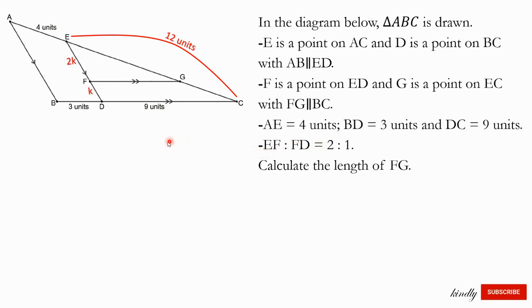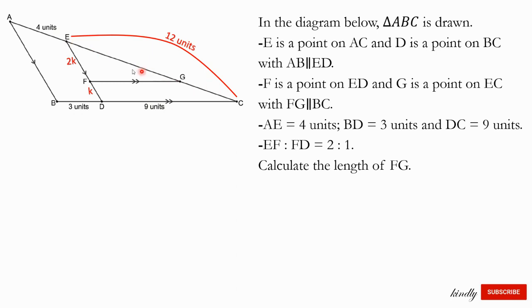So we can find the length of EG and GC. What are we going to use to do that? Remember that a line drawn parallel to one side of a triangle will divide the other two sides proportionally. So the ratio of EG to GC is still 2:1.